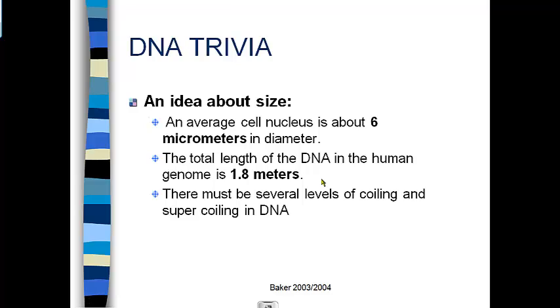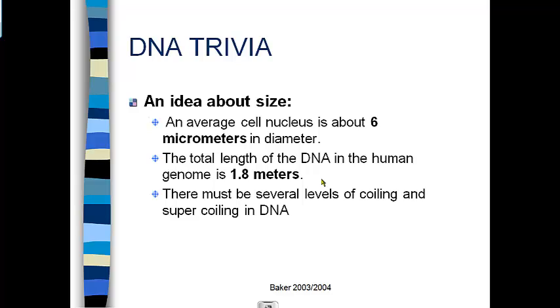The average cell nucleus is about 6 micrometers in diameter. That is smaller than the naked eye can see. And you can see it usually with microscopes. The total length of the DNA in the human genome is 1.8 meters. So if you took all of the DNA in a human and you stacked it end to end, it would be about 1.8 meters.